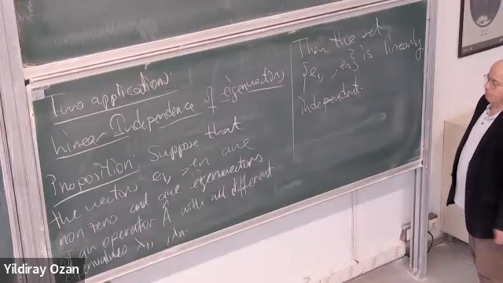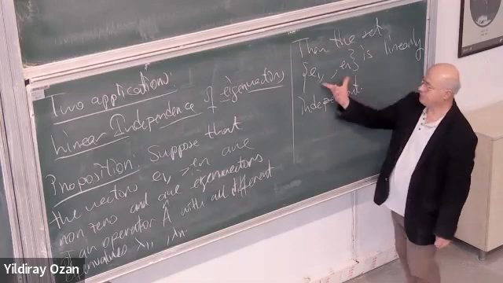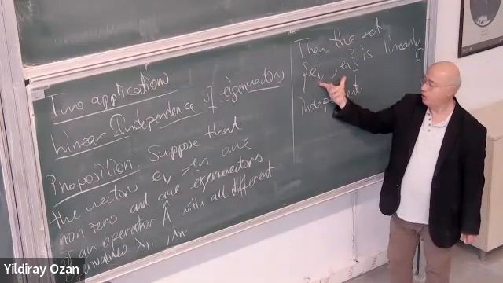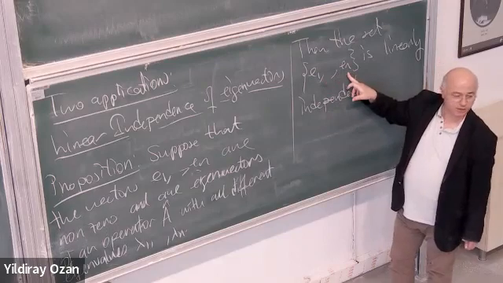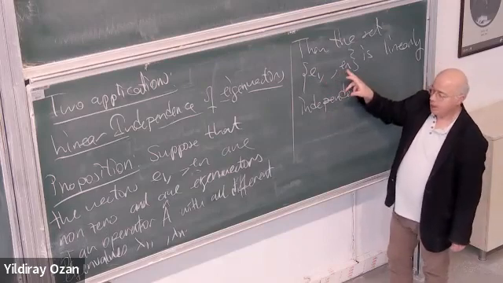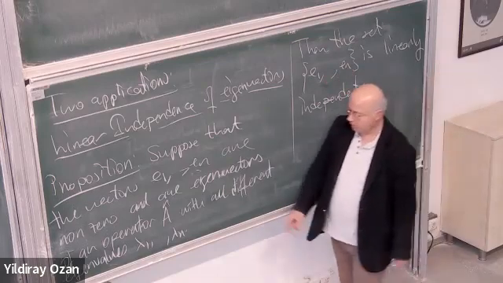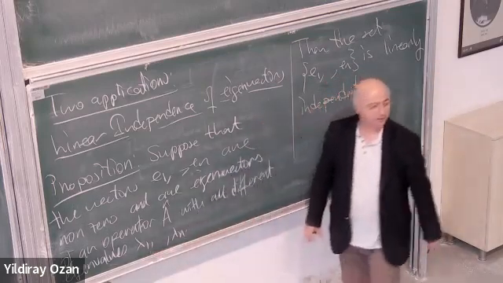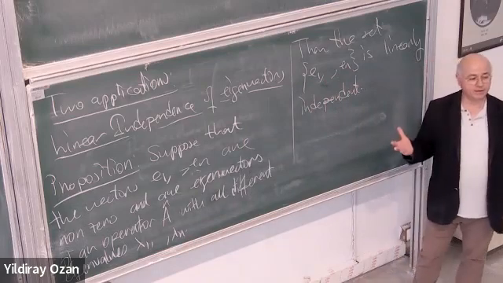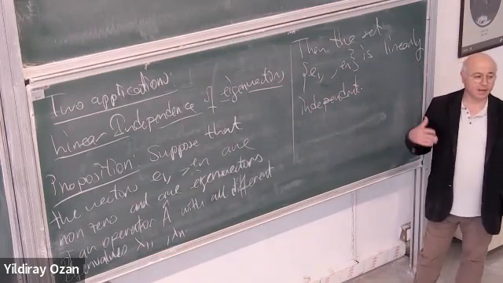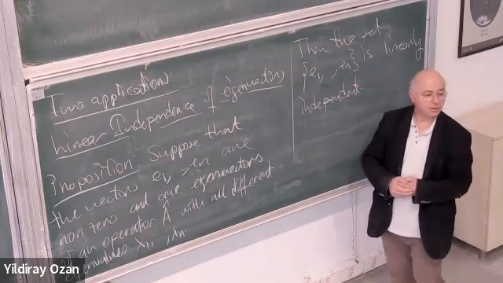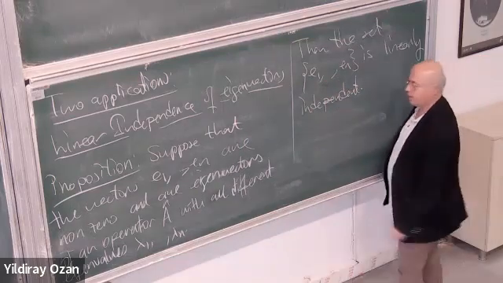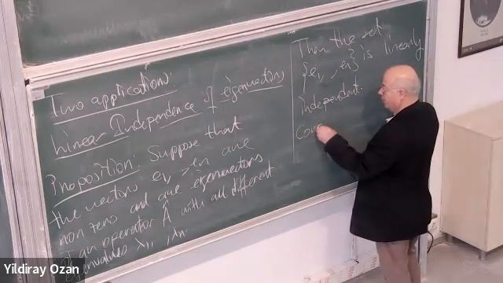In particular, if this is linearly independent, of course, the number of vectors cannot be larger than the dimension of the vector space. So n should not be larger than the dimension of the vector space, but that n is also the number of distinct eigenvalues. Therefore, for an operator, the number of distinct eigenvalues cannot be larger than the dimension of the vector space. Okay, there is a corollary.